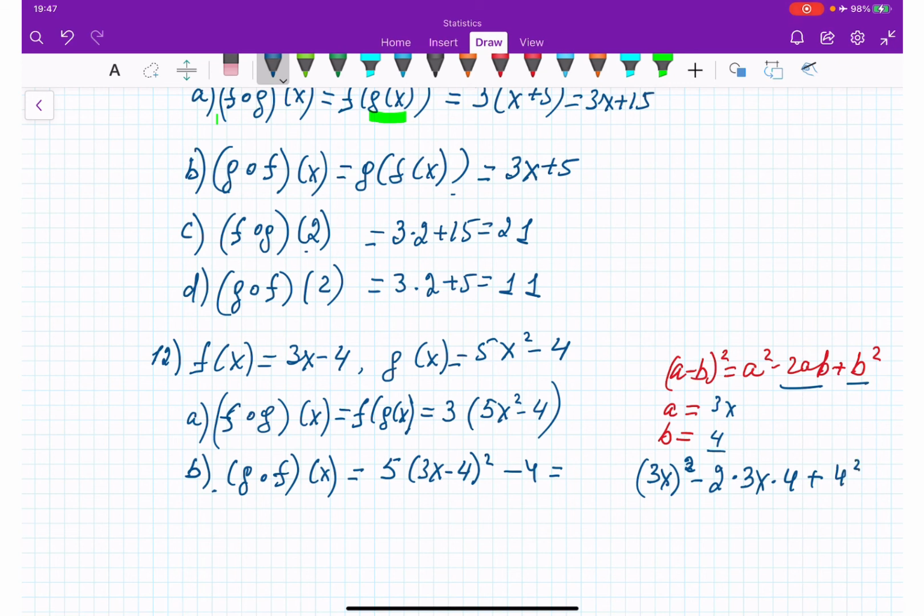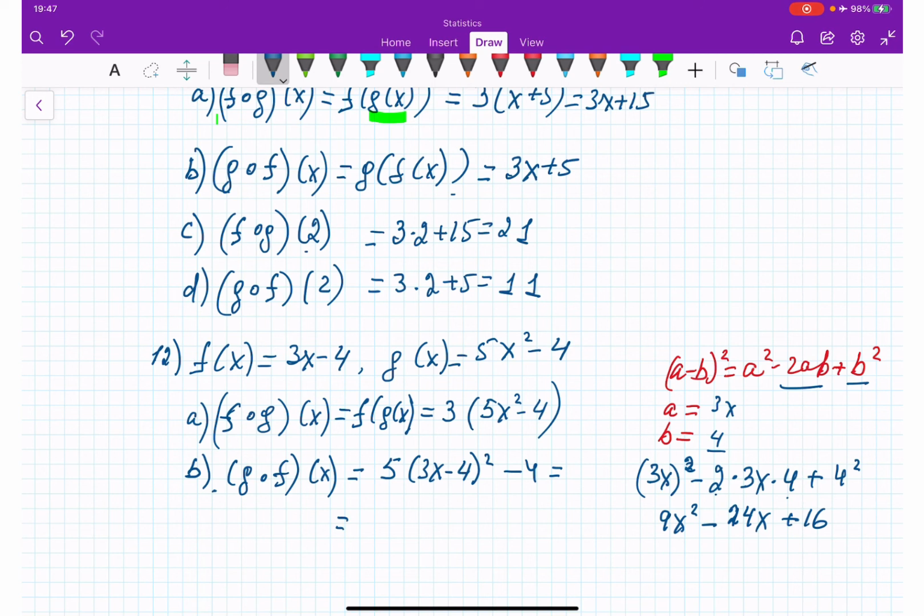So we get 3 squared is 9, x squared, minus 2 times 4 is 8, 8 times 3 is 24x, and plus 16.